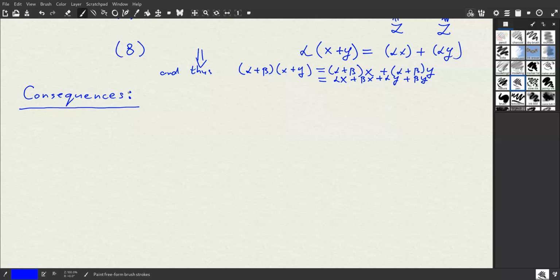The first consequence is that our zero vector theta is unique. So there is only one zero in our linear vector space. How can we prove it?